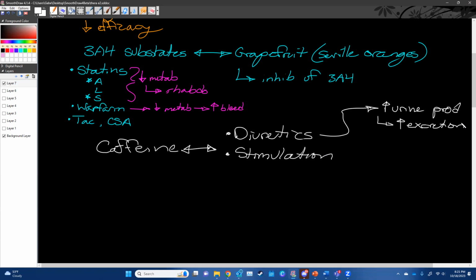So if something is highly kidney excreted, like some antibiotics or lithium, for example, then having lots of caffeine can affect the levels of them. So something that is 100% renally eliminated is going to be highly susceptible to this effect of caffeine.